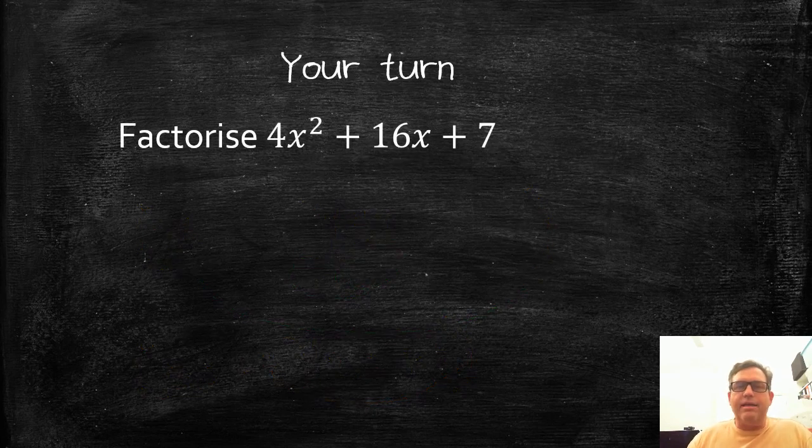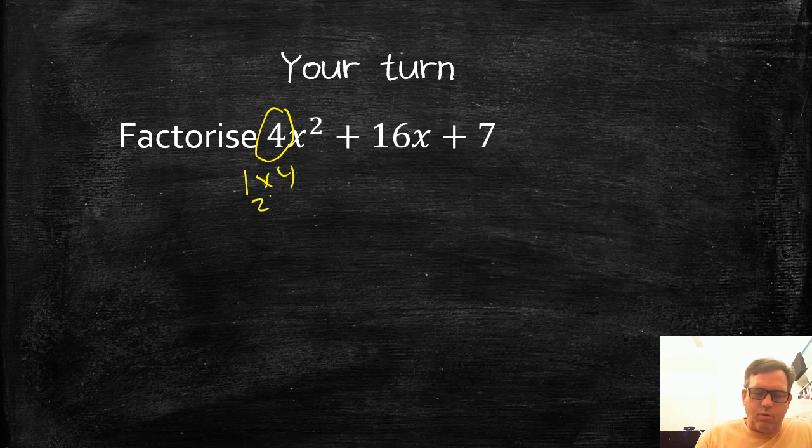Okay, go ahead and give this one a go, and then we'll see how you did. Okay, this time again, our coefficient of our x-squared term is 4. So it could be 1 times 4 or 2 times 2. And 7, this one's a little bit easier because 7 is just 1 times 7. It's 1 times 7 or 7 times 1.